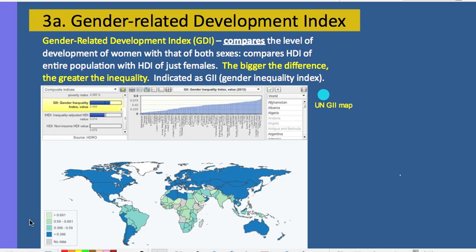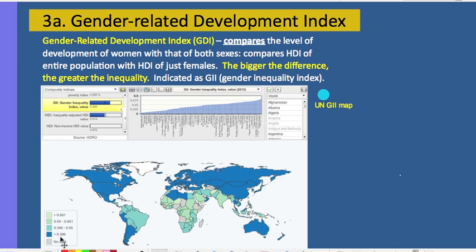So when you look at the key, the light color, which is 0.6 and above, would show greater inequality, and the darker shade, which is a number closer to 0.39, would show less inequality.